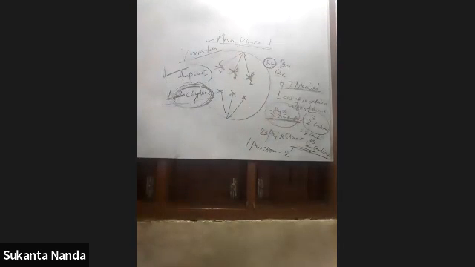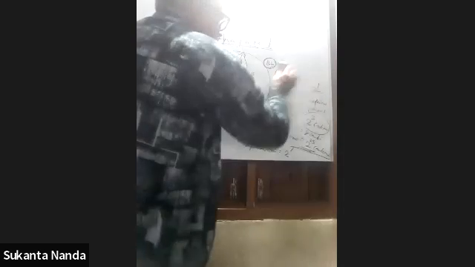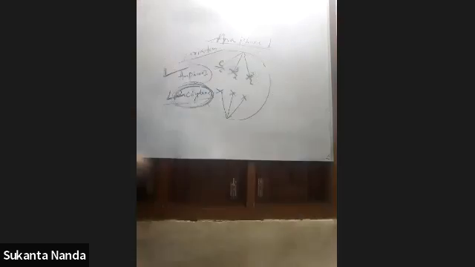The law of independent assortment says, and it is very important, students, that you first have to remember that segregation of one pair is independent of the segregation of the other pair.